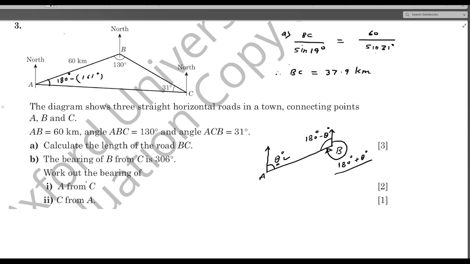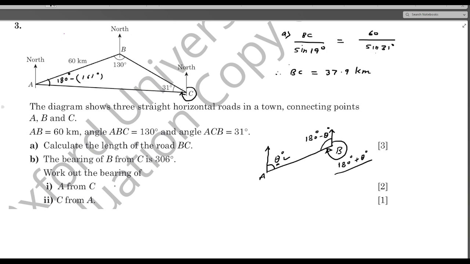Now here the question is the bearing of B from C. B from C means they are talking about this whole angle. This whole angle is given as 306 degrees. You have to work out the bearing of A from C. Now for A from C, you have to find out this much angle only.